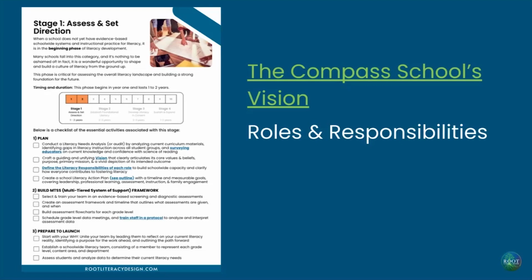We followed his work when we were implementing this at the Compass School, and I won't bore you with all the details, but we even now hire by core values and beliefs. They need to be things that you have set up in the planning stage so that you can clearly articulate the work ahead.